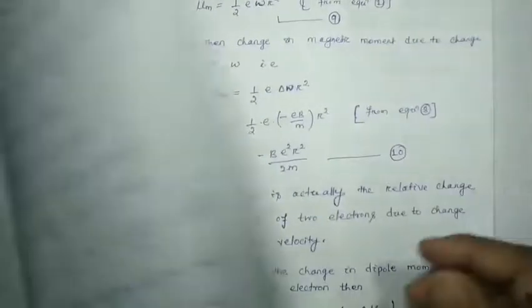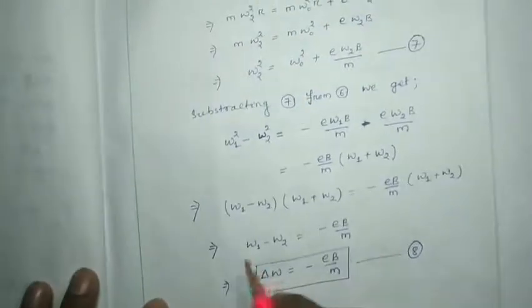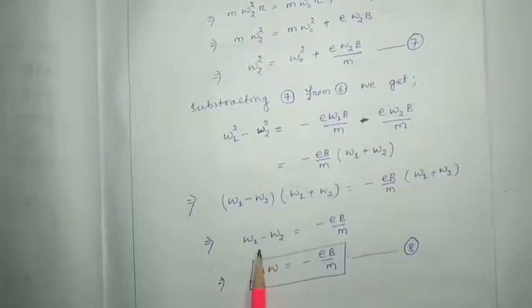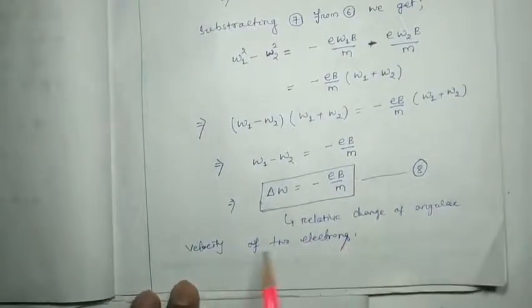Del omega we found in equation number 8. This is the relative change of angular velocity of two electrons of an atom. Here you just write that this d omega is the relative change of angular velocity of two electrons.